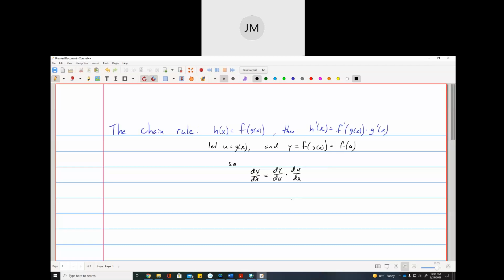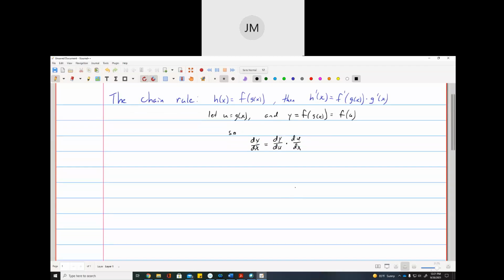Okay, so let's just do a quick example where we write it out using this Leibniz notation. As an example, let's suppose that I have a function, and we won't make this too complicated.